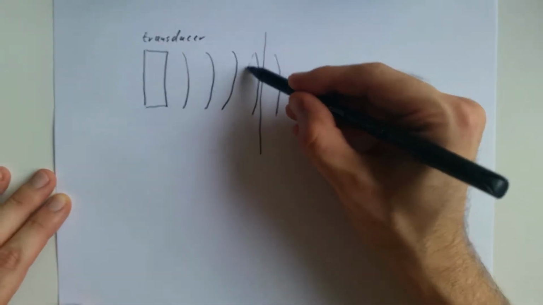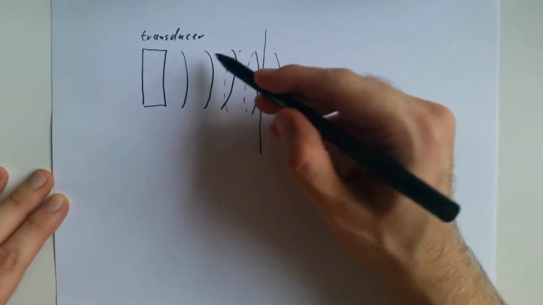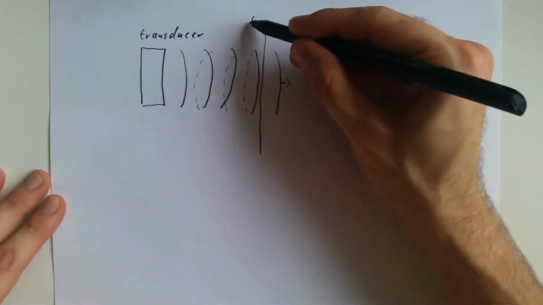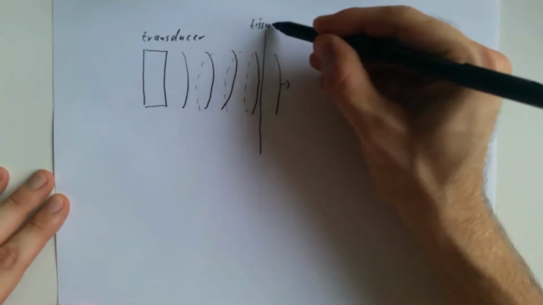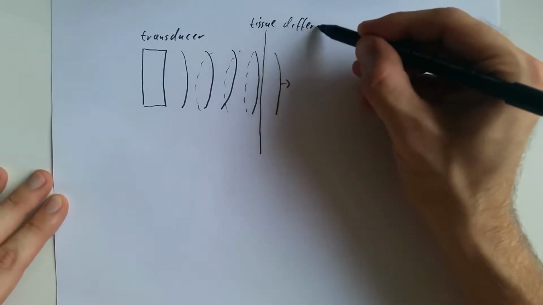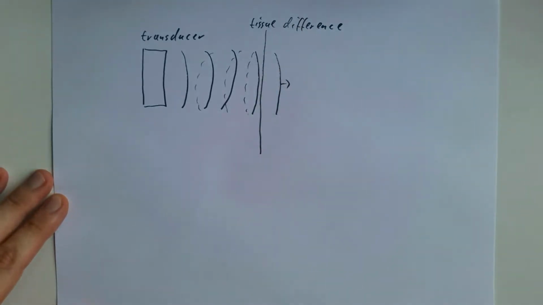As this procedure spreads the waves within our body and they get reflected, or you could also say that echoes appear at points where especially the tissue density differs. For example, at the transition from fat to muscle tissue.